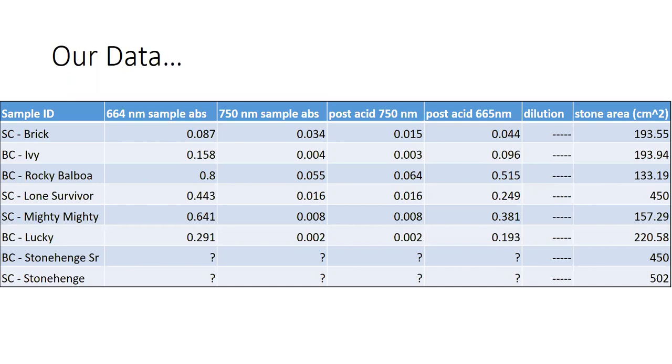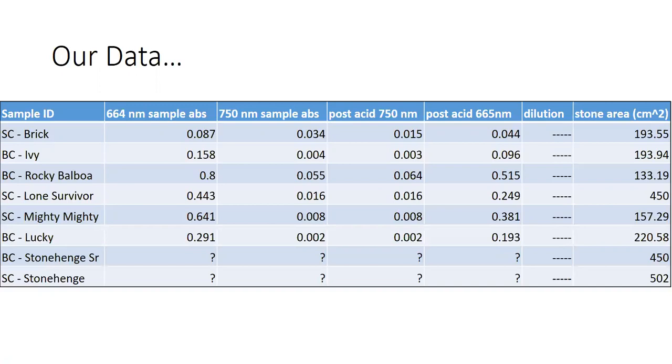And then the last thing that I did was I took those filter papers out of the freezer and I put them back into those brown Nalgene bottles with 30 milliliters of 90% acetone. Acetone is an organic solvent. Chlorophyll is an organic molecule, and so it dissolves in the acetone.